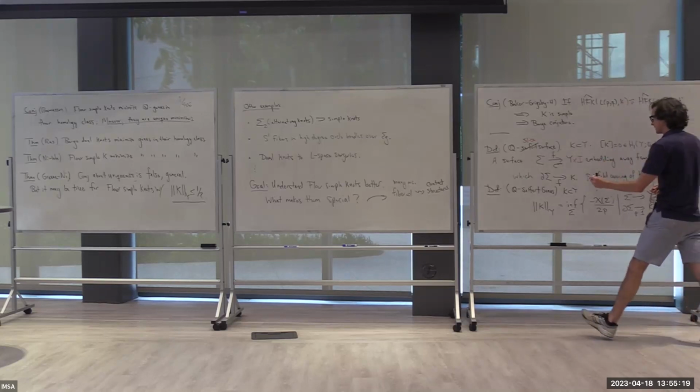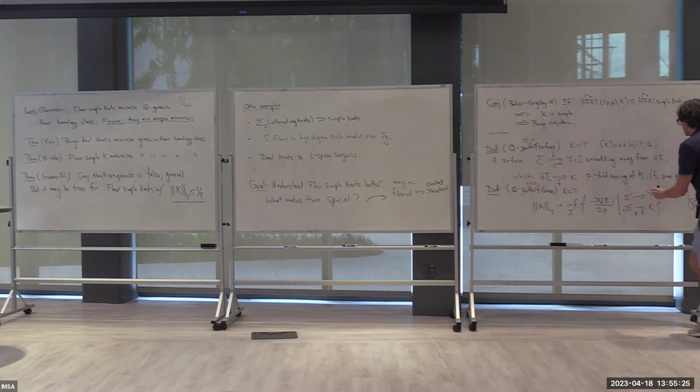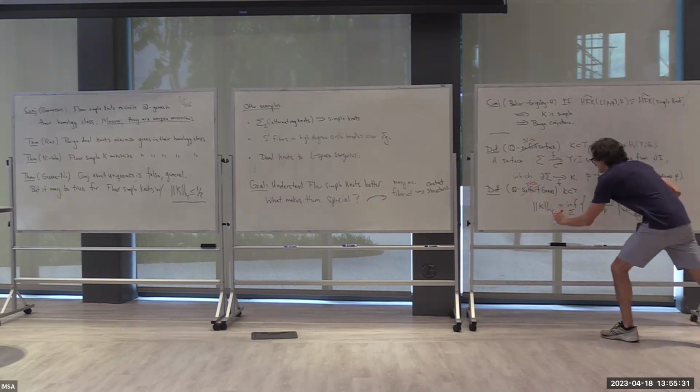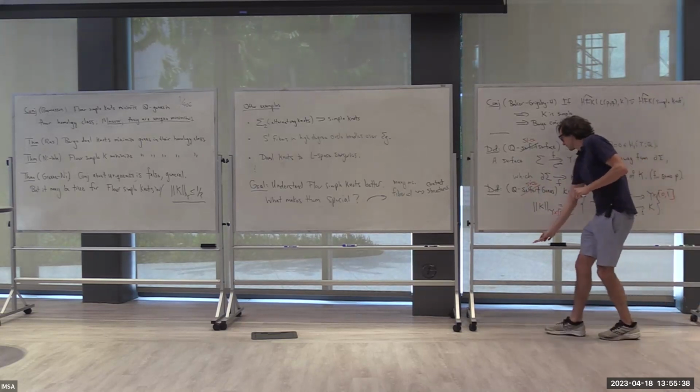And similarly, I'll talk about the Q slice genus, again thickening up this quantity, now denoted by the Q slice genus of Y cross I.